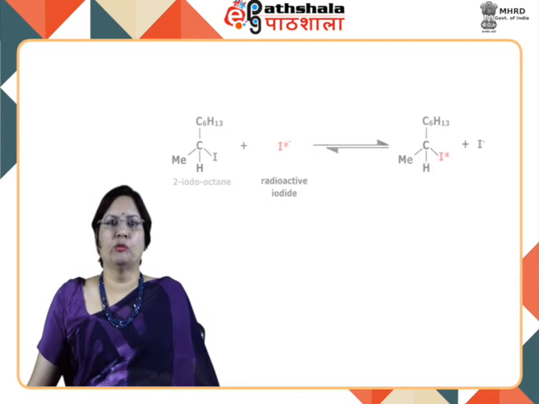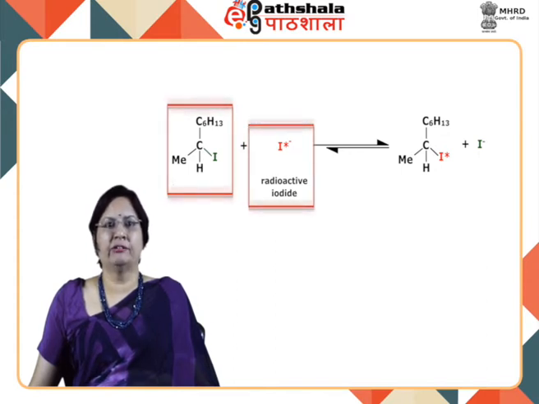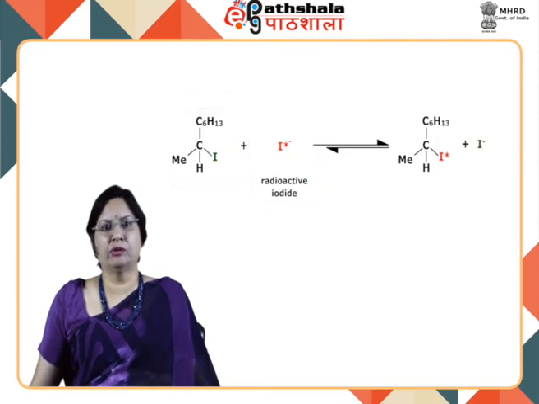Another example is the isotopic labeling experiment, which may provide evidence for the complete inversion of the absolute configuration by the SN2 reaction. The reaction between optically active 2-octyl iodide and radioactive iodide ion results in a mixture. If the reaction started with a pure R isomer, initially the S isomer of radioactive 2-iodooctane is formed due to the exchange of iodide ion by the SN2 mechanism.